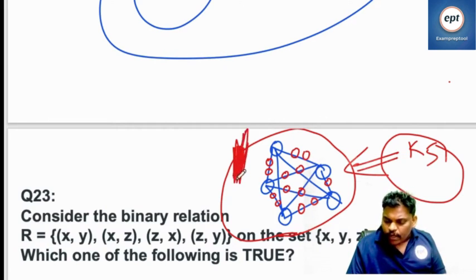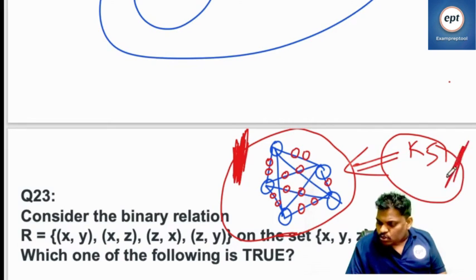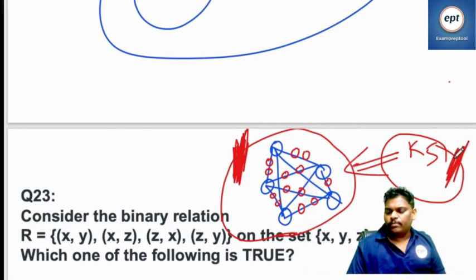This is not K5. It is homomorphic to K5. This is K5. It is isomorphic to K5.